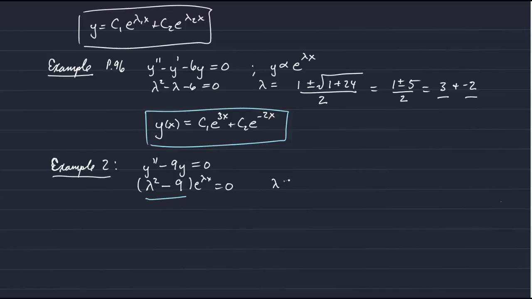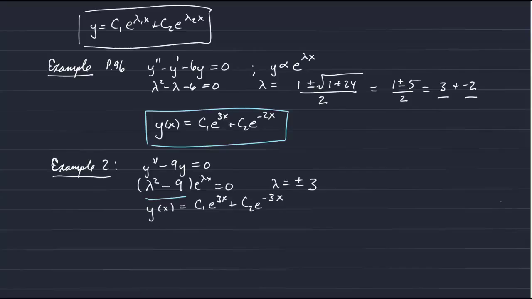And that gives lambda is equal to plus or minus 3. And so the full solution is y is equal to c1 e to the 3x plus c2 e to the minus 3x.